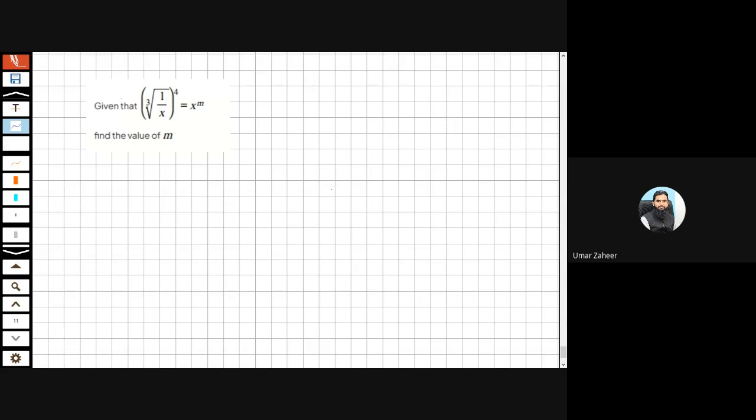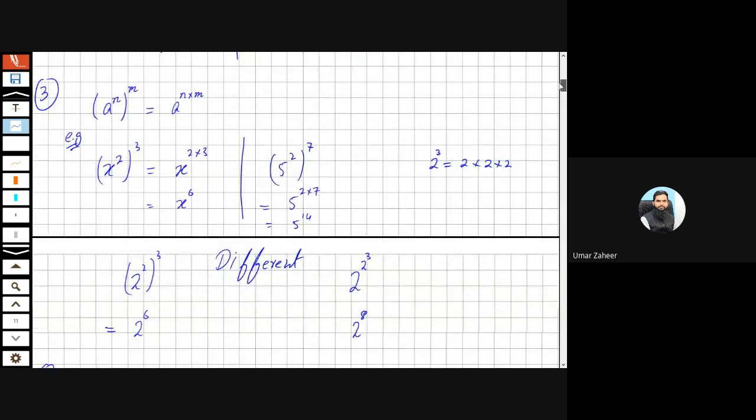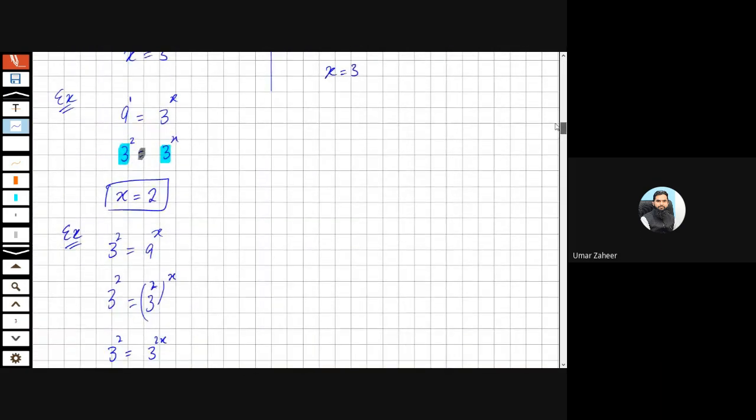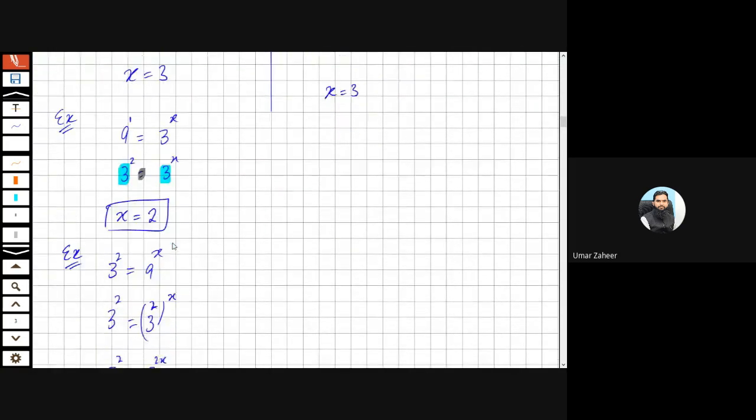We have to find the value of m, so we have to simplify it. Let's go back, and I will tell you one more thing. You can give it as a name of a rule or just a new point here. We have the eighth point.